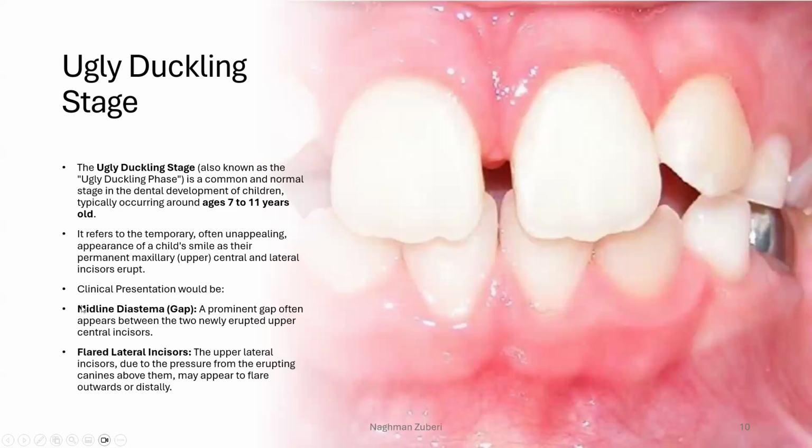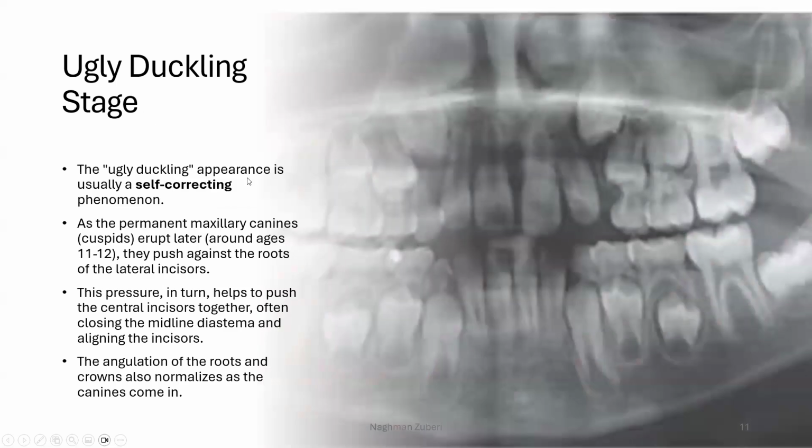So I just told you about the midline diastema and flared lateral incisors. Well, the ugly duckling appearance is usually a self-correcting phenomenon. As the permanent maxillary canines erupt later, around ages 11 to 12, they push against the roots of the lateral incisors.